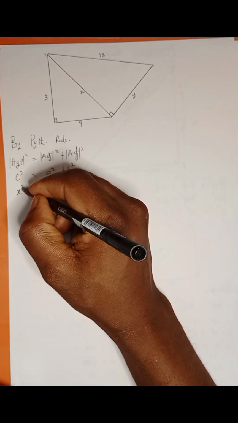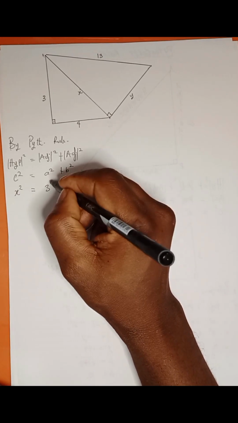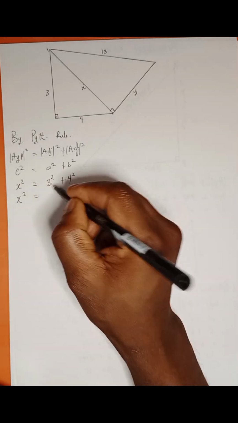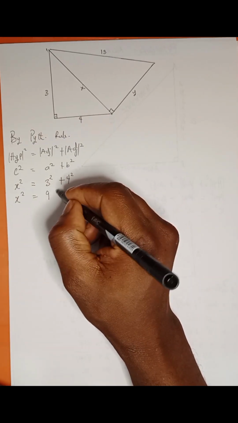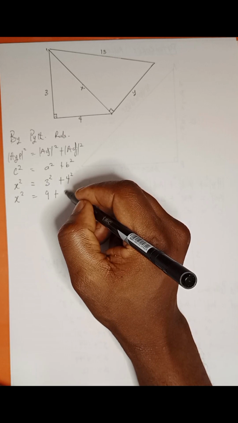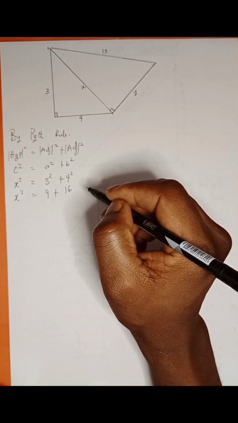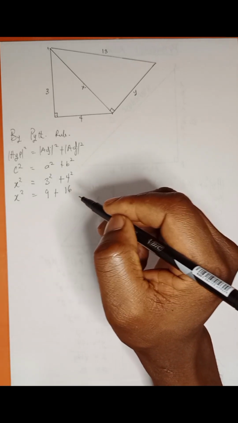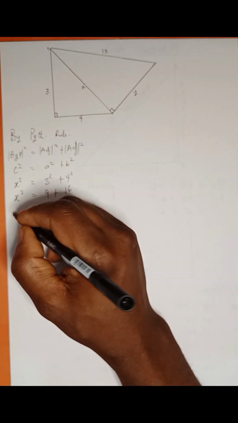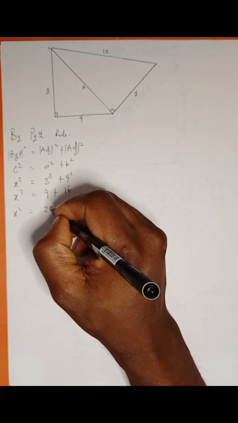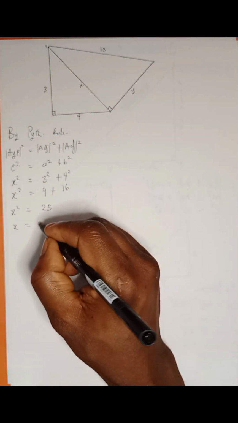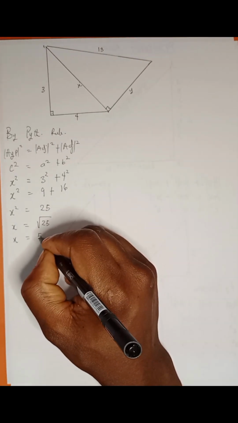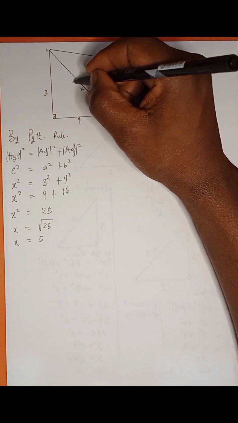So x squared is equal to 3 squared plus 4 squared. So x squared is equal to 3 times 3 is 9 plus 4 times 4 is 16. And that will be x squared is equal to 25. So x will be equal to the root of 25. So x is equal to 5. Meaning that this is 5.